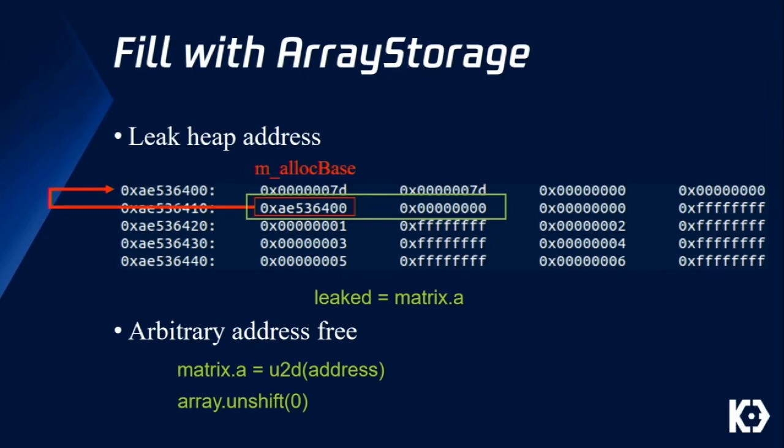So we leak the heap address by reading the property A of matrix. We can add to m_allocBase any address, so when array unshift is called, we can achieve arbitrary address free.